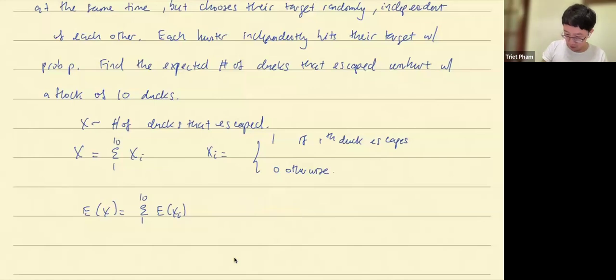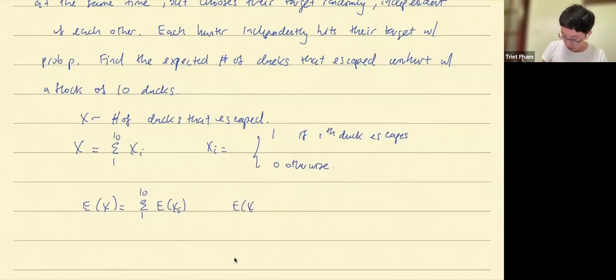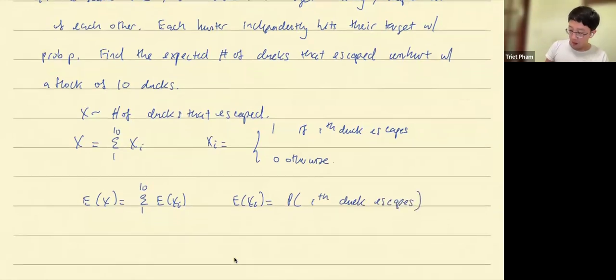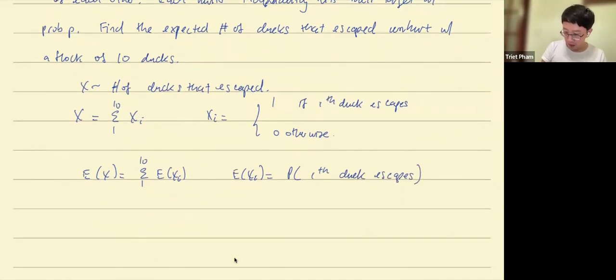Okay, let's write down. Expectation of xi is the probability that the ith bird escapes. Which means, first of all, it's the probability that the ith duck escapes from hunter K, for K running from 1 to 10, because it has to escape from all hunters.